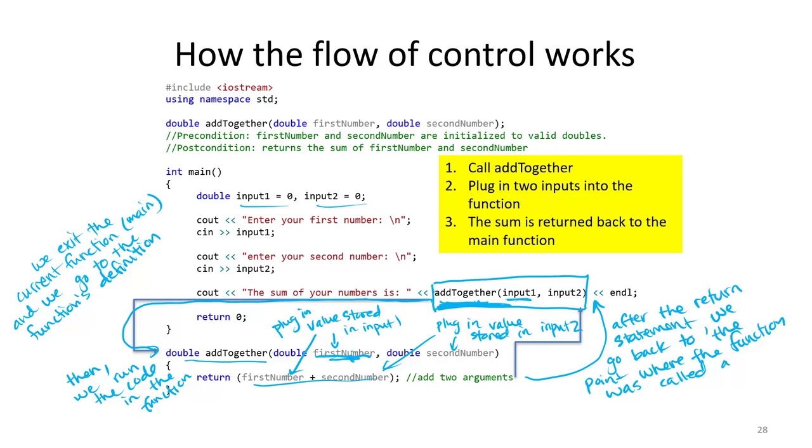So here after the return statement, we go back to the point where the function was called, and if we're returning a value, we give the returned value.